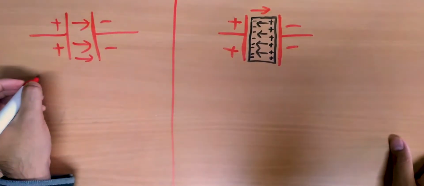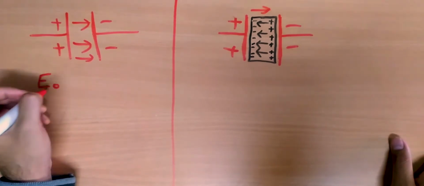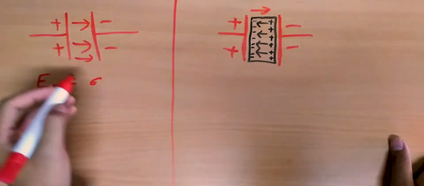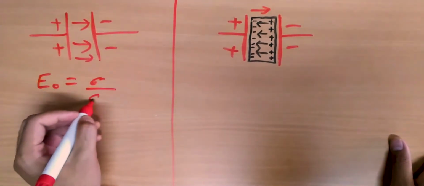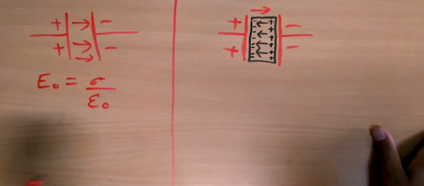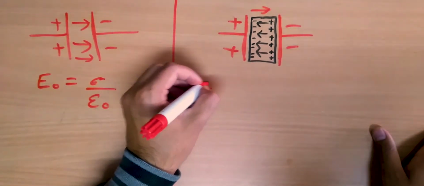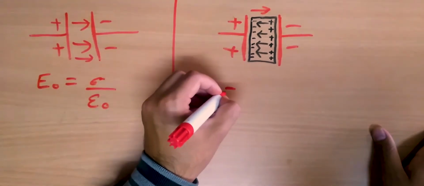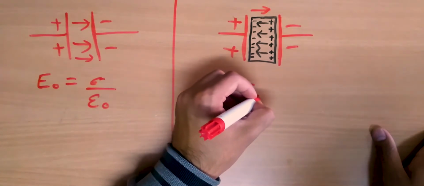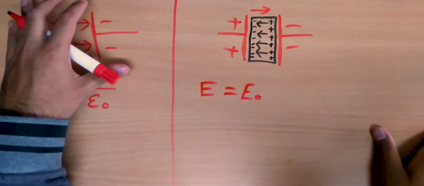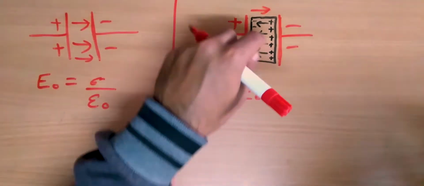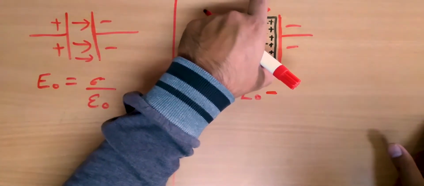In this case, the electric field E naught simply equals sigma, which is the surface charge density of the capacitor, divided by epsilon naught. In this case, the net electric field, let's call that E, equals the electric field due to the capacitor itself, which is E naught, the original electric field due to the capacitor because they're the same capacitors, minus the electric field that has been generated by the polarization of the dielectric.